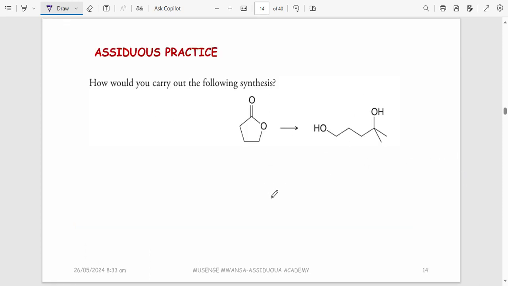Okay, we can look at this one. How would you carry out the following synthesis? Look at what you have. You have got this guy, you end up with this guy. How do you think we can carry out this synthesis? Any idea? Yes, Olik?